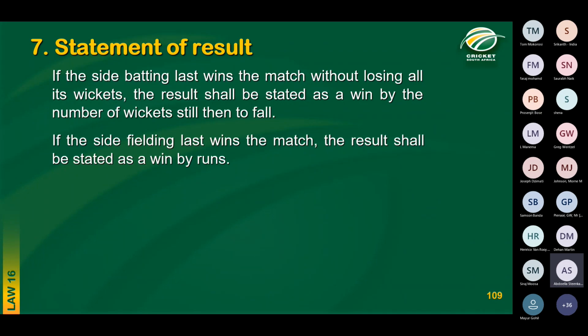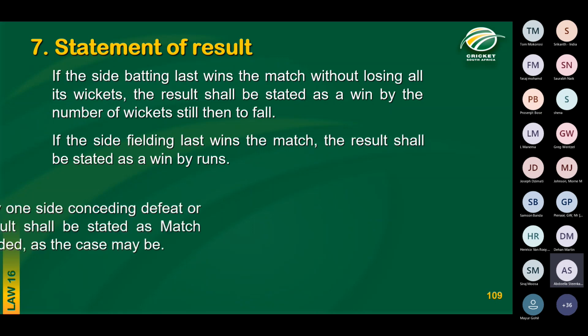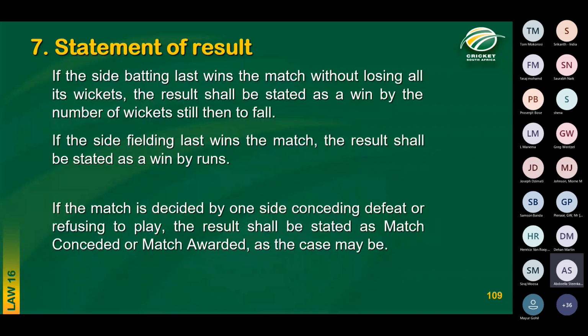If the fielding side wins the game, the result shall be stated as a win by runs. So side A scores 200, and side B needs to score 201 to win the game. They get dismissed for 150.